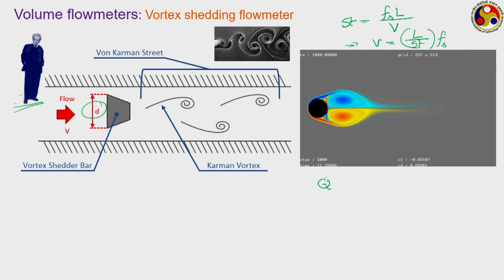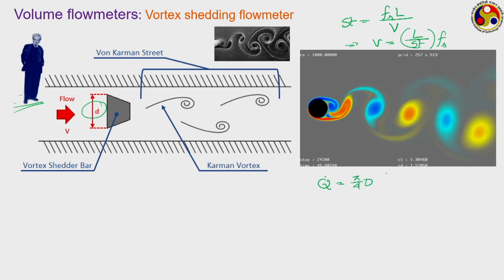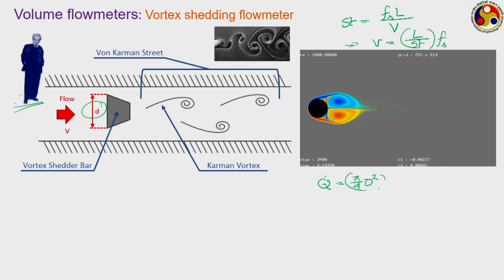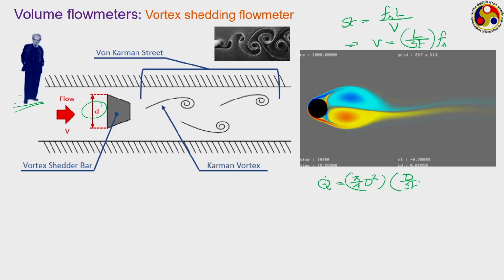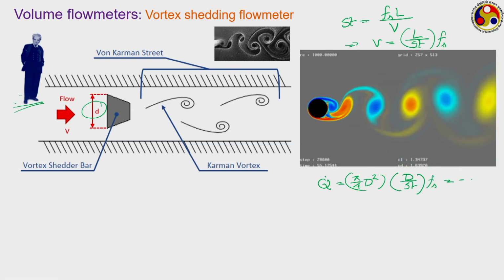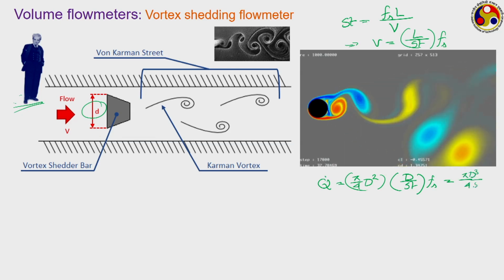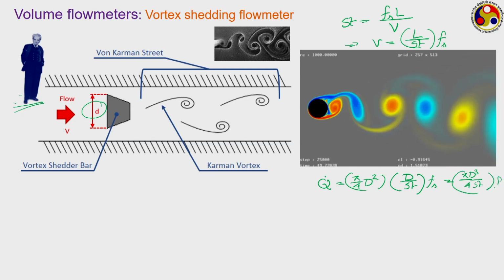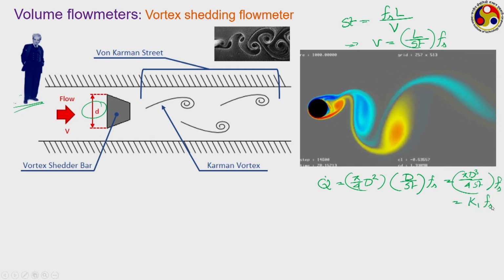Like if we are interested in the flow rate, Q dot will be the cross section area of flow into the velocity itself, and if we represent the velocity with the corresponding expression for Strouhal number and take d as the diameter of the object, the characteristic length, then it becomes pi d cube by 4 into Strouhal number into Fs, that is, Strouhal number is constant, K1 into Fs.